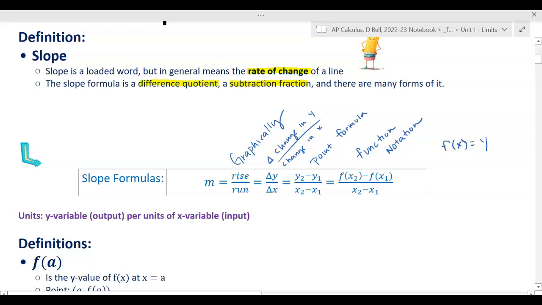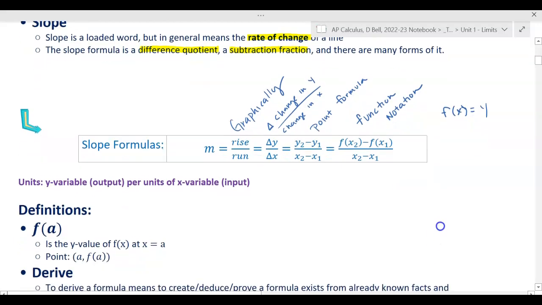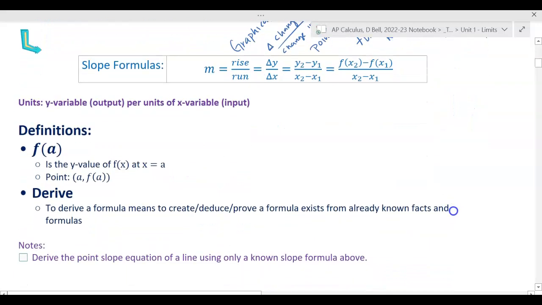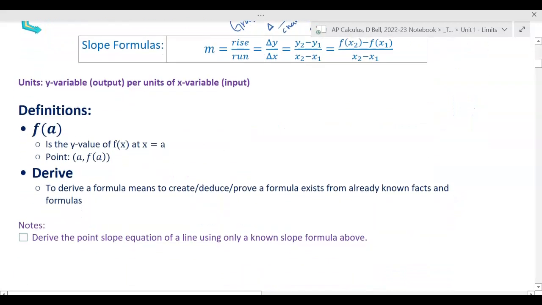Right? The y variable is on top over the x variable, which is on the bottom. F of a is a y value of the function f of x at x equals a. The point would be a comma f of a.